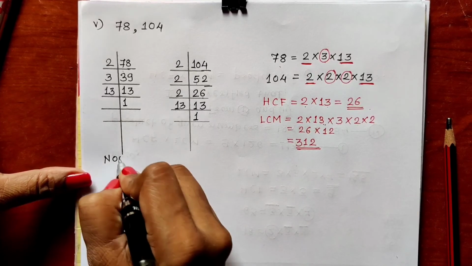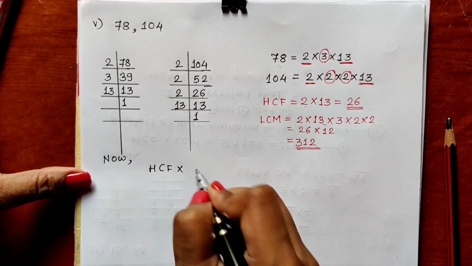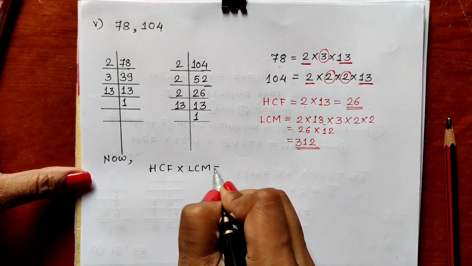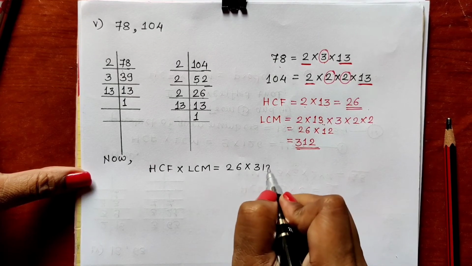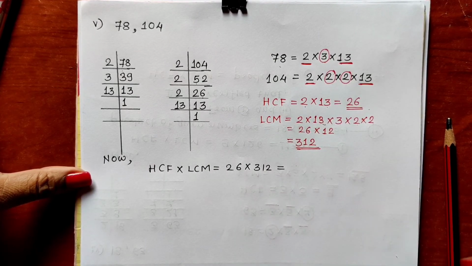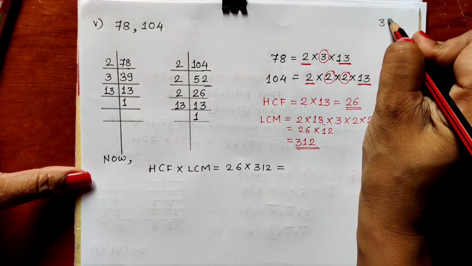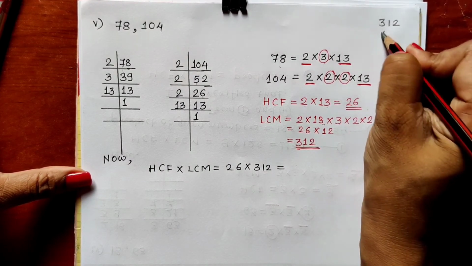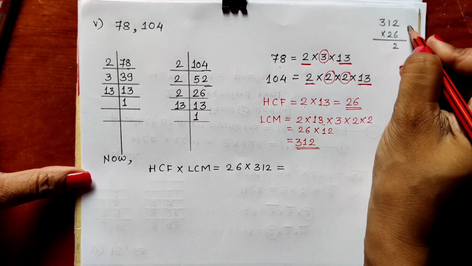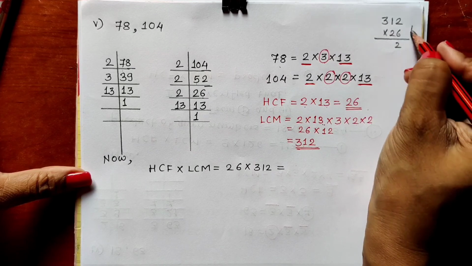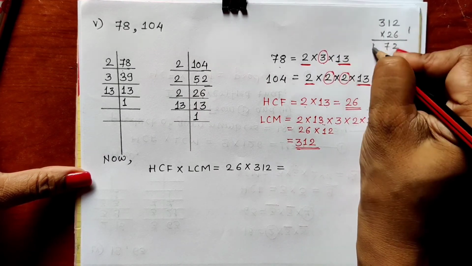Now let us do the product of SCF into LCM. SCF we have got 26. LCM is 312 is equal to. Let us do the multiplication. 312 multiplied by 26. 6 2s are 12, 2 written, 1 carrying. 6 1s are 6 plus 1 is 7. 6 3s are 18.